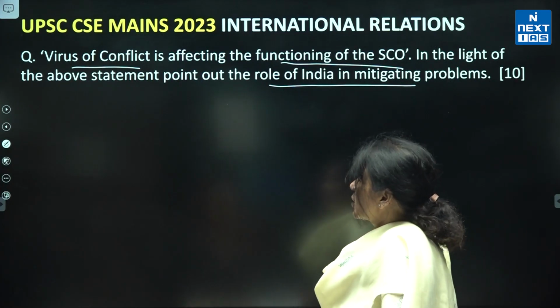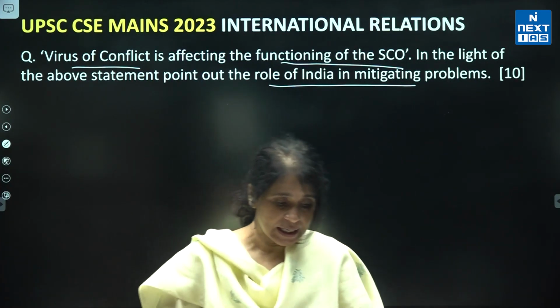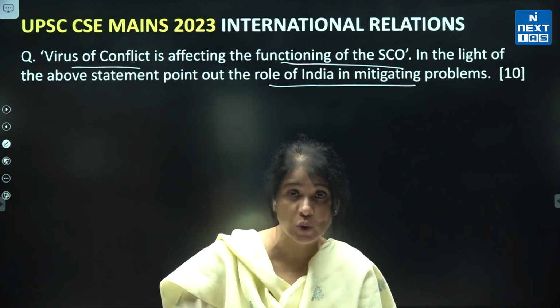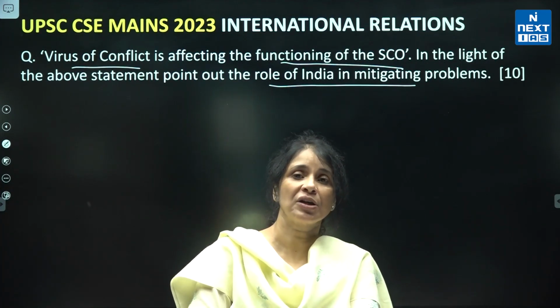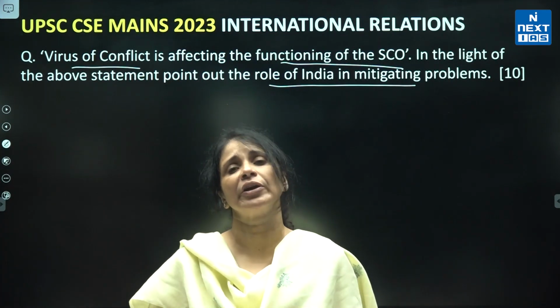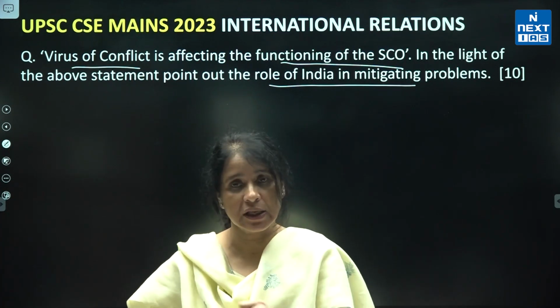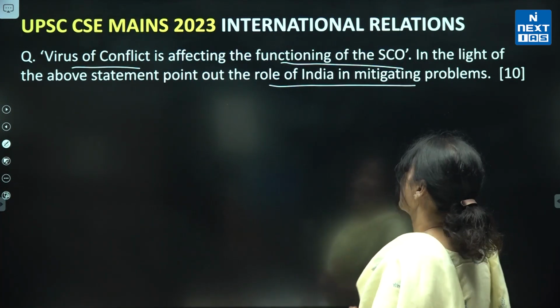Now, if you see the conflicts, India and China have boundary issues. India and Pakistan have terrorism issues, and issues at the LOC. Similarly, within Central Asian countries, we have Kyrgyzstan and Uzbekistan boundary crossing issues, and issues between Kyrgyzstan and Tajikistan. We have boundary issues. So there are a lot of issues between SCO members.